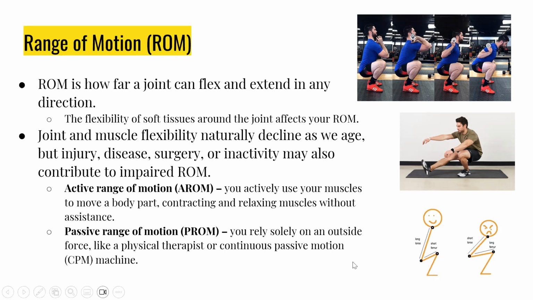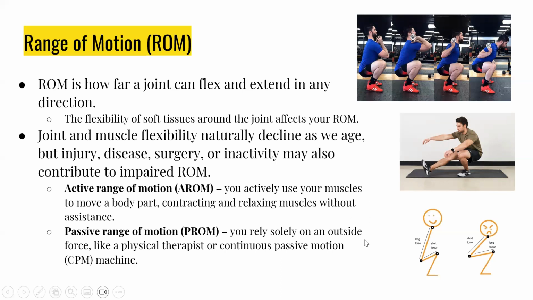Joint and muscle flexibility naturally declines as we age, but injury, disease, surgery, or inactivity may also contribute to impaired range of motion. So you see this a lot with clients or people that have had an injury at the knee or the hip, or they had a surgery in the knee or the hip, and you see a drastic change in their range of motion.